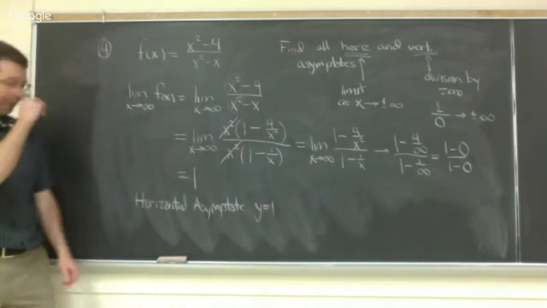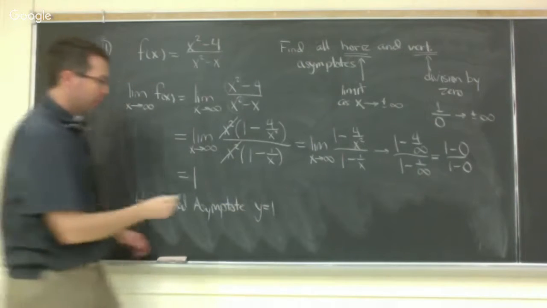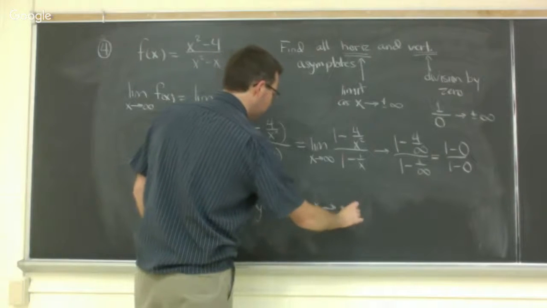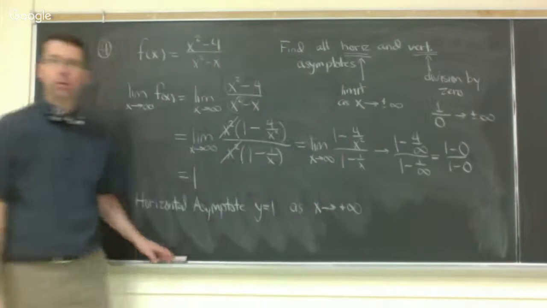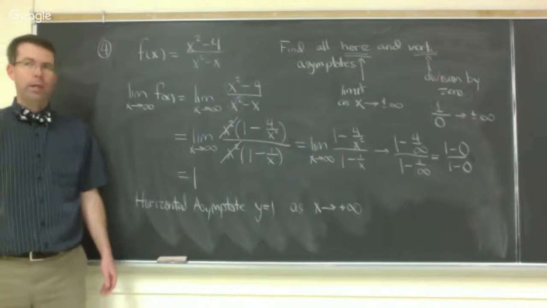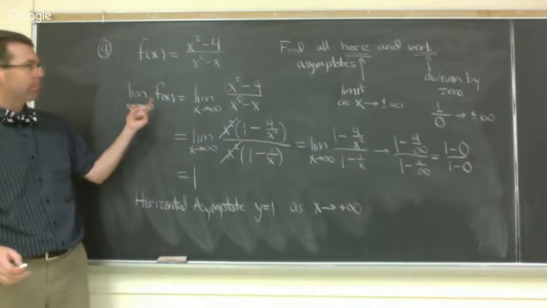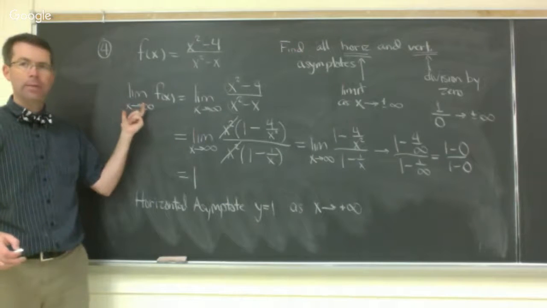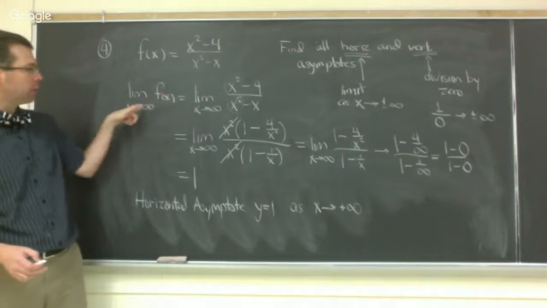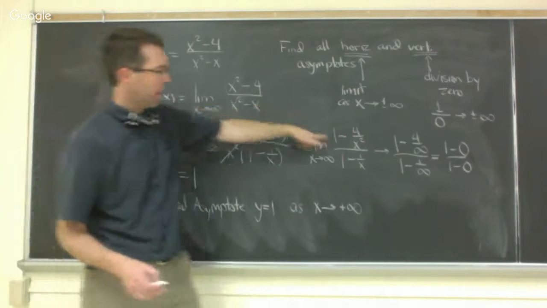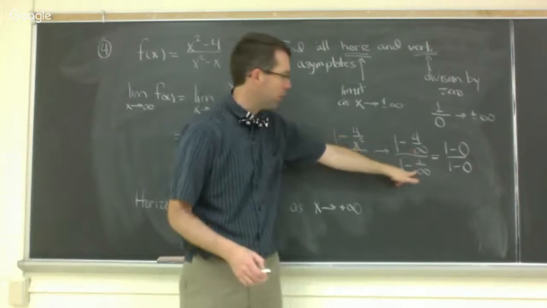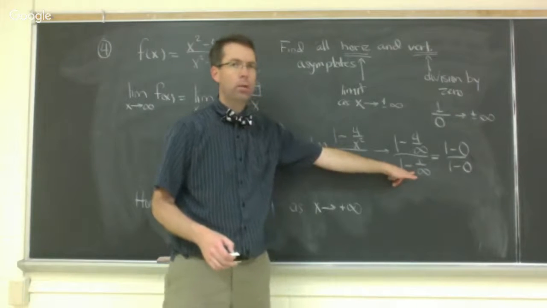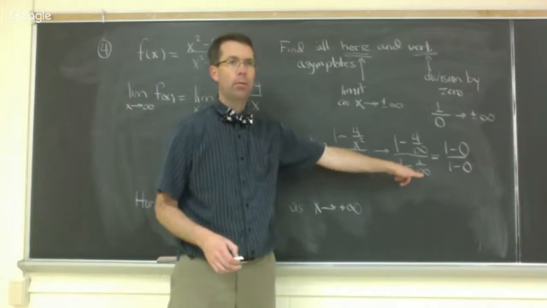Okay? And so this is a horizontal asymptote, y equals 1 as x goes to infinity. Now, I didn't insist that we did this again for minus infinity, and that's because if I change it to minus infinity, nothing actually changes except that one of these terms, this one I think, changed to 1 plus 0 instead of 1 minus 0.